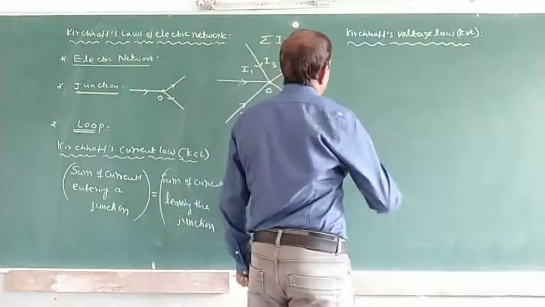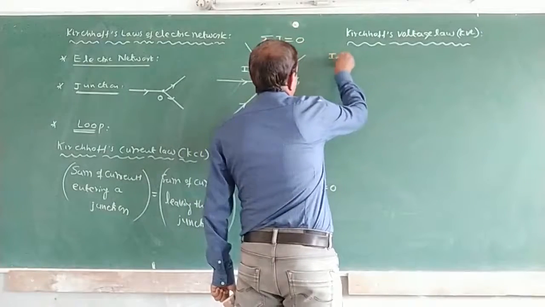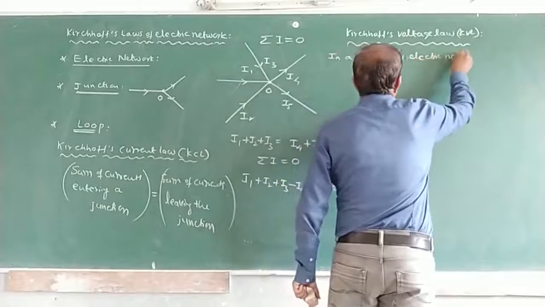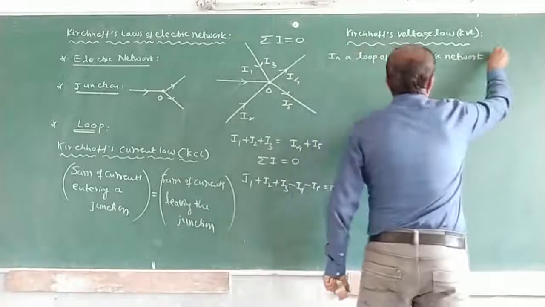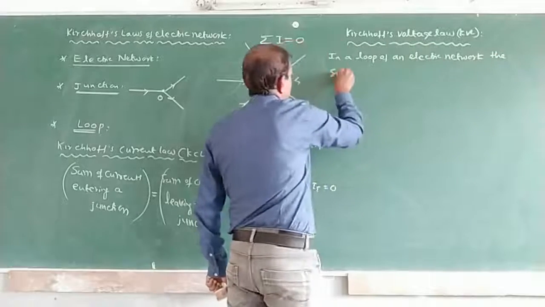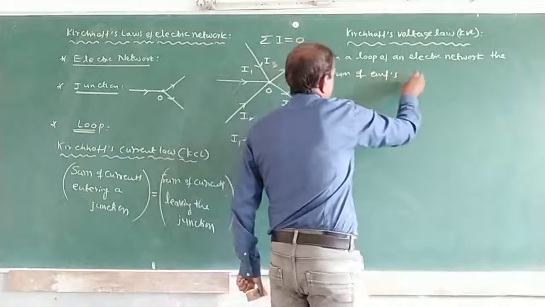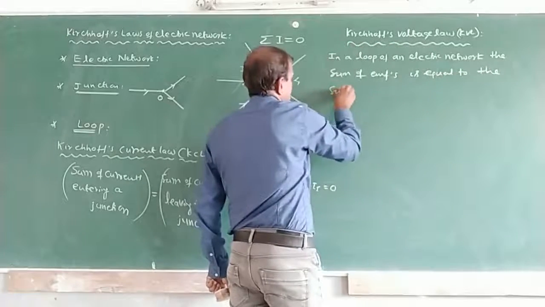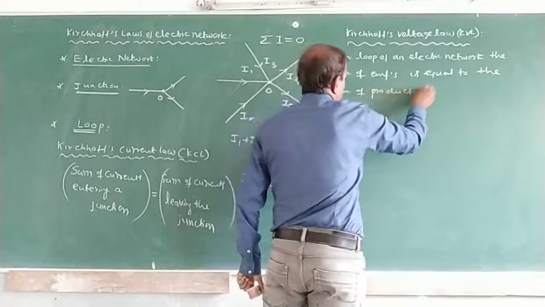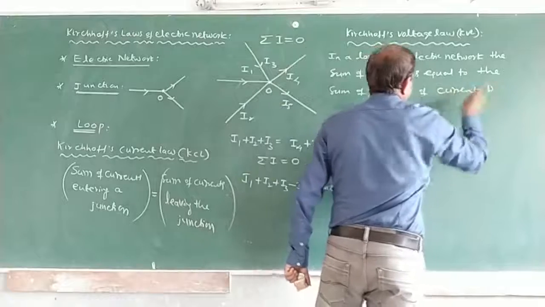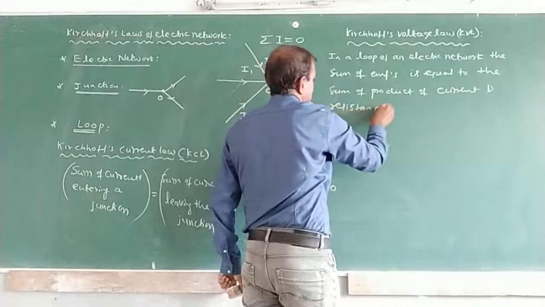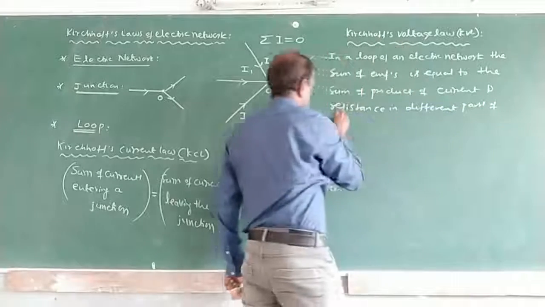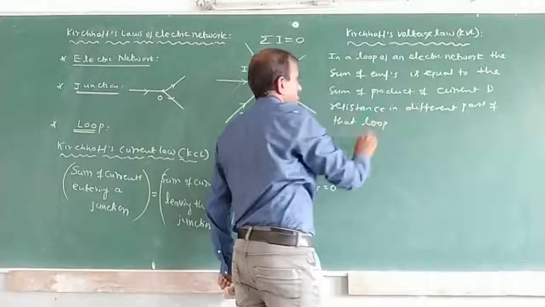In a loop of an electric network, the sum of EMFs is equal to the sum of the product of current and resistance in different parts of that loop. This is the second law.